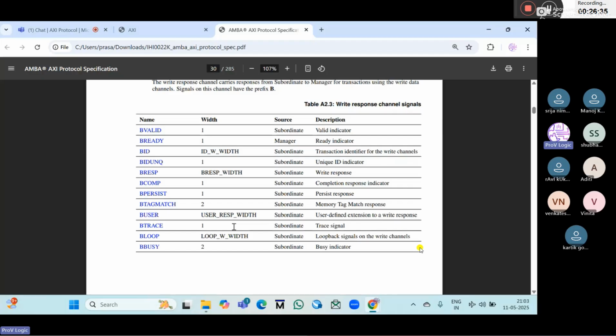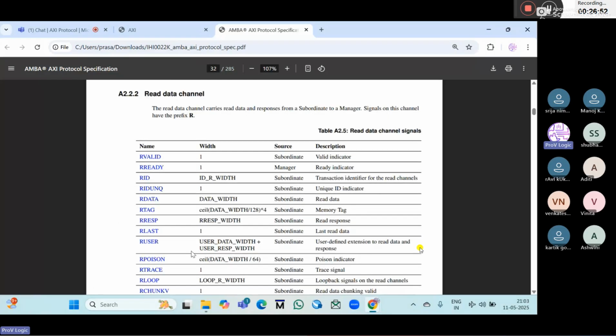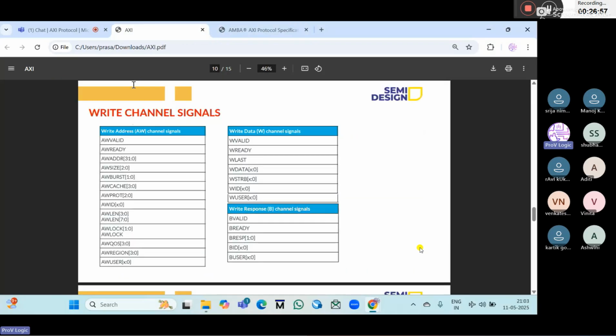If you read the entire specification, you will get some idea. There are 285 pages, and you need to read all 285 pages. That's important, then only you will get the overall idea. But if you don't have the time to read the entire specification, at least concentrate on whatever I'm discussing here. That will be enough.